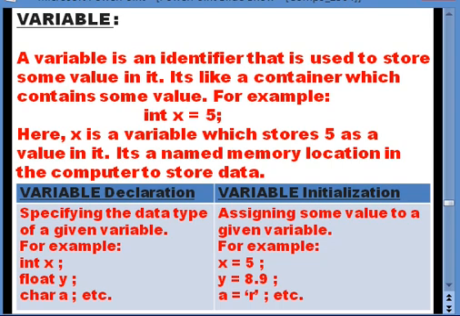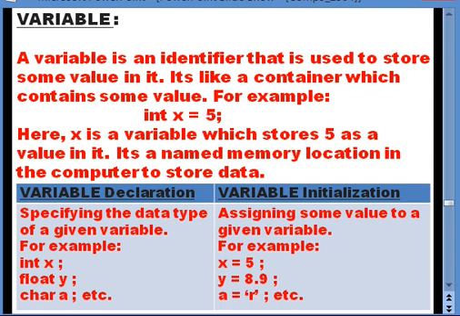At the same time, variable initialization means we are assigning some value to the variable. For example, x is equal to 5. So we are assigning an integer value 5 to a variable x. Similarly, y is equal to 8.9. Here the value 8.9, which is a fractional value, is getting stored in a memory location named y.